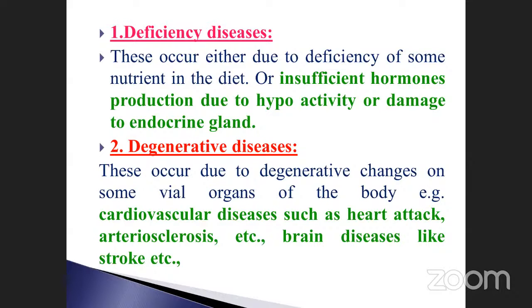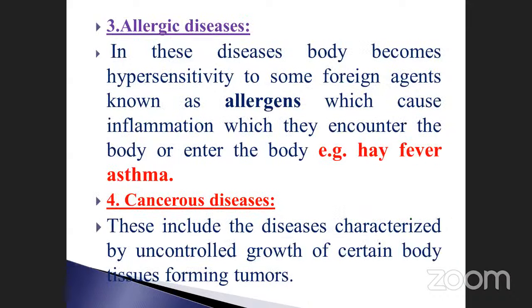Sometimes the deposition of fat and also blood clotting occurs in the heart. It will lead to disease. The disease is called degenerative, that means changes of the vital organ. Both are the same.